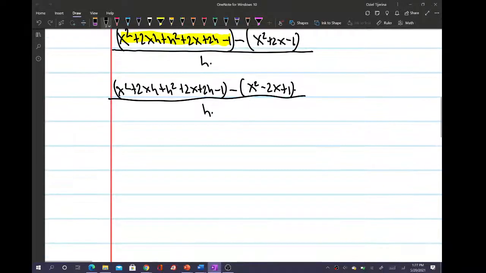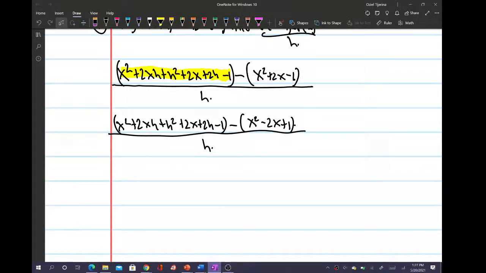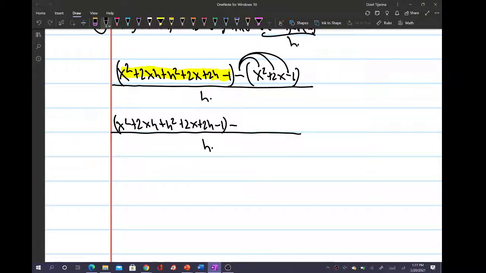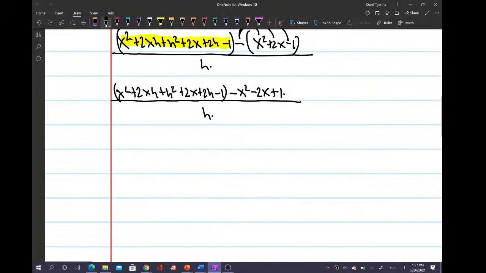And actually, what we're going to do here is distribute the negative in over here, okay? So we're going to say minus x squared minus 2x plus 1. So now we take the parentheses off. We say x squared plus 2xh plus h squared plus 2x plus 2h minus 1 minus x squared minus 2x plus 1 all over h, okay?